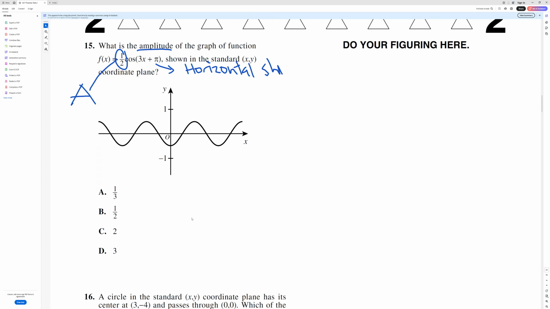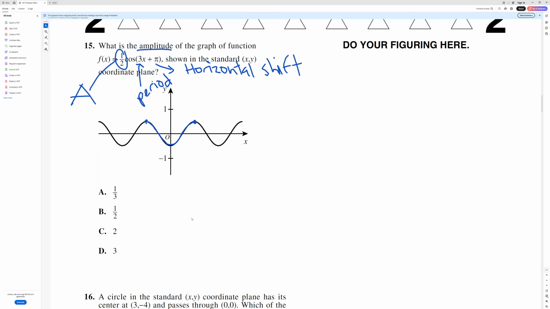Horizontal shift. And while we're at it, let me teach you that 3 becomes the period. How frequently does the line go one cycle? That's called the period. It's not a point, it's like from beginning to end, from here all the way down and then all the way back, that's a period.